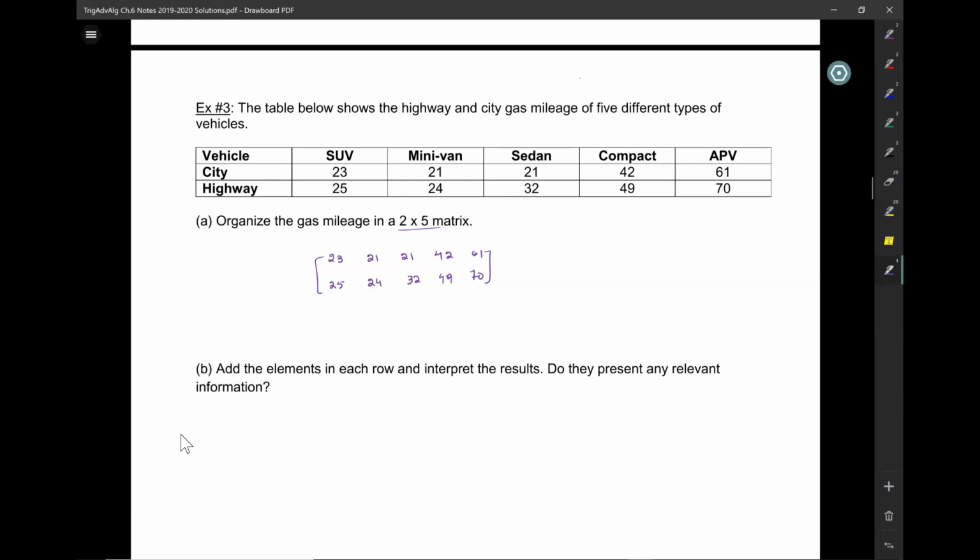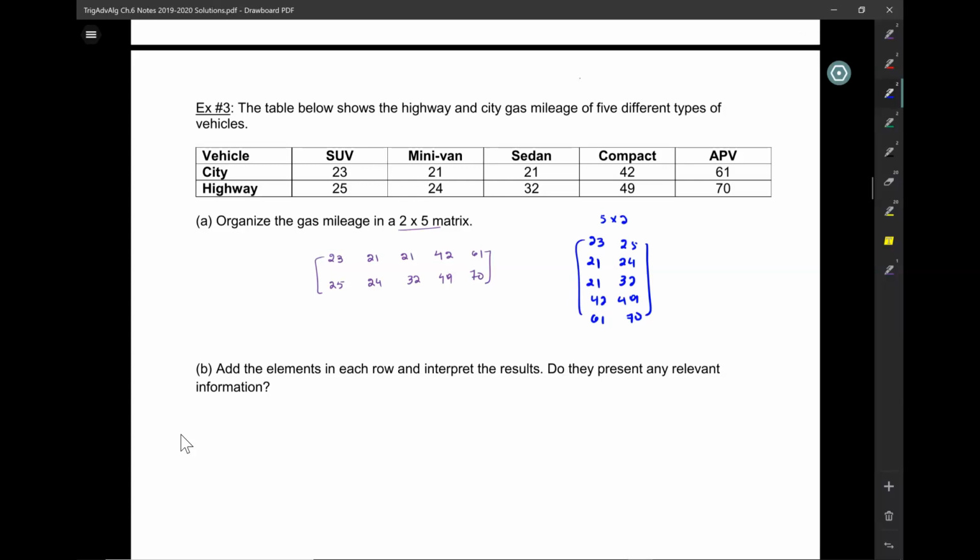Order matters. If instead of a 2x5, you did a 5x2, that would look very different, right? So that would look like this: 23, 21, 21, 42, 61, and so on. And you might be saying, okay, it looks different, but it's the same numbers.